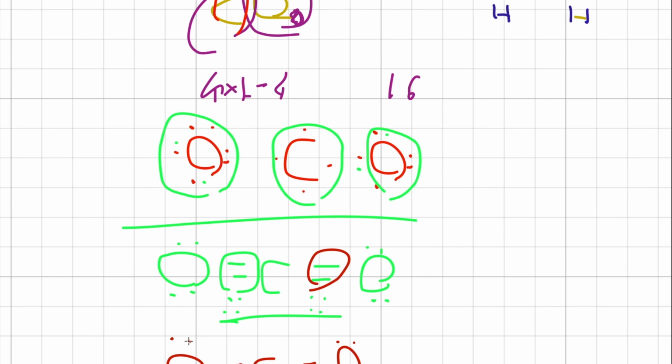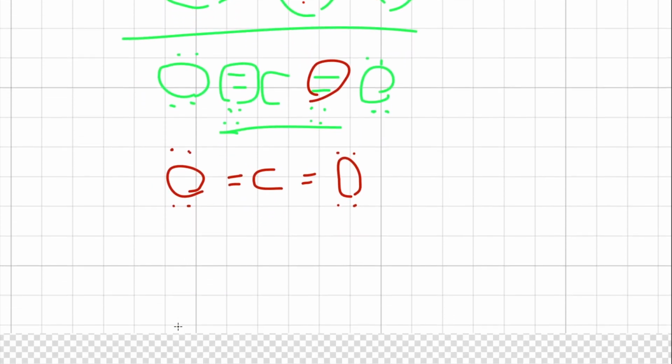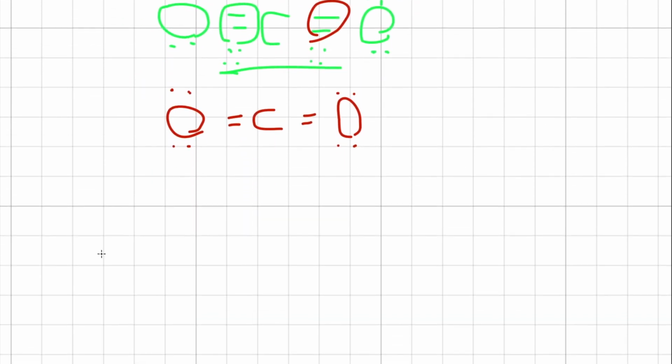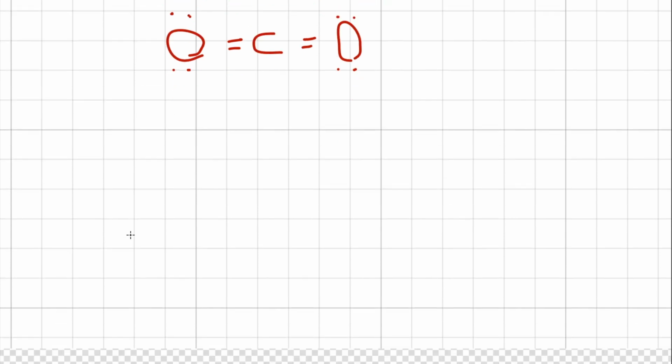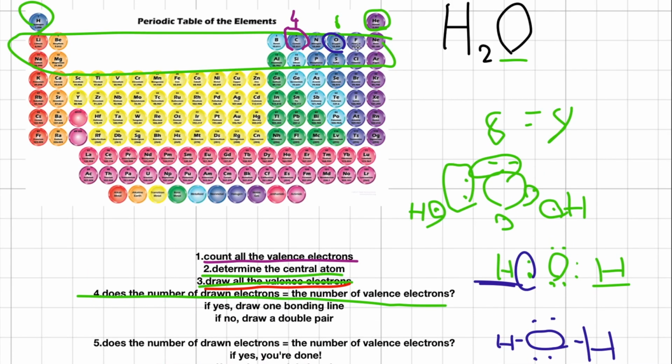So next, let's try something. That was kind of hard, so let's do something easy, or it's supposed to be easy. Let's try something like molecular nitrogen. Nitrogen is N, and molecular nitrogen is N2. Where's nitrogen?